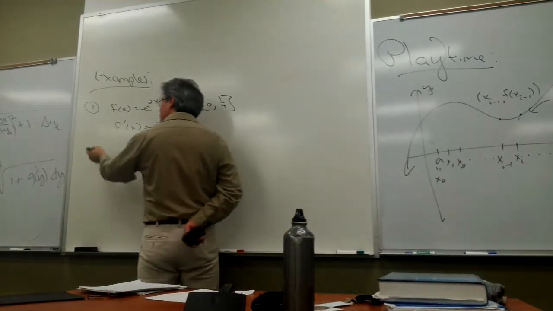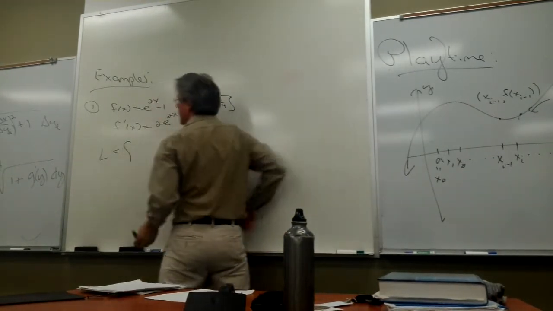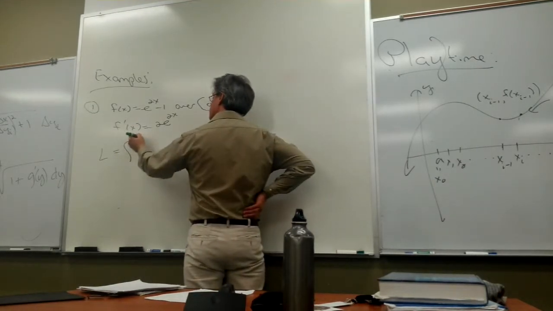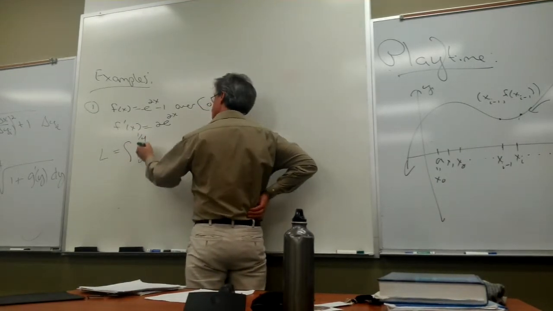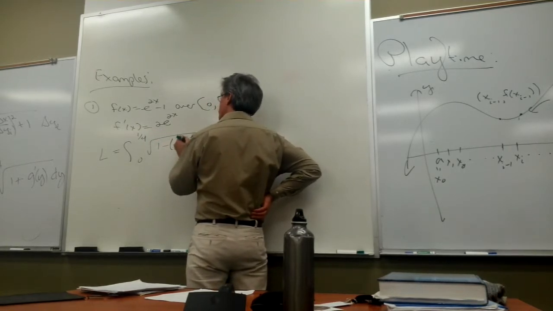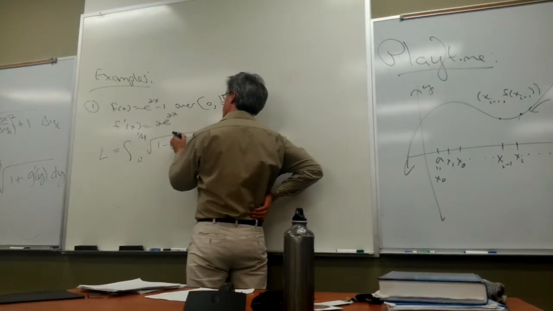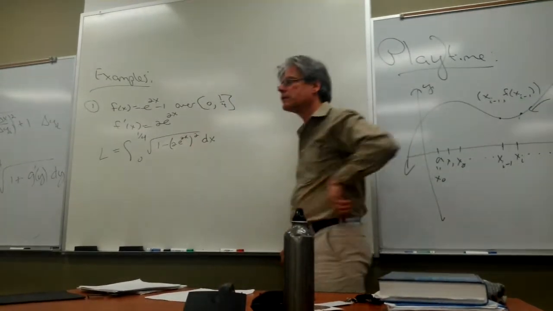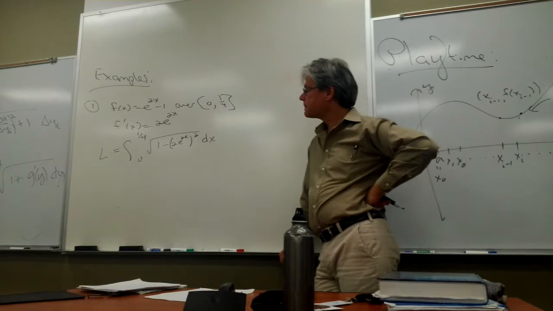Which means to compute the length of that arc, I'm going to have the integral from 0 to 1/4 of the square root of 1 minus that derivative squared. And I'm going to integrate with respect to x.